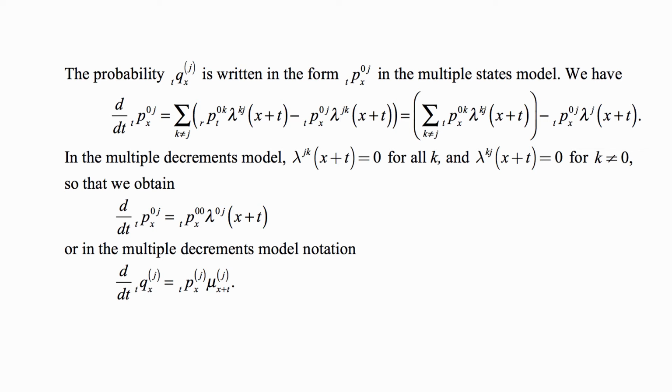But in the multiple decrement model, the force of transition from j to k is 0 for all k, which basically says you can't go back. And lambda kj is 0 for k not equal to 0, because you can't move around from various decrements one to another.